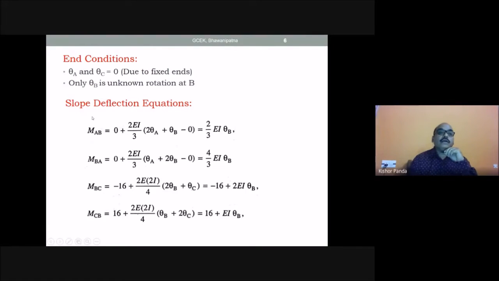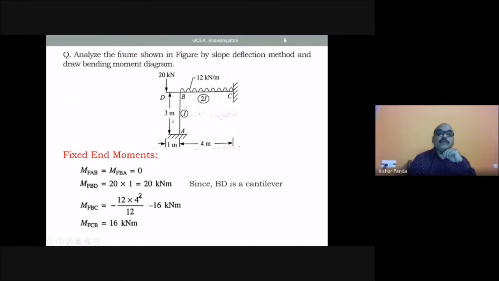Then the next step is you have to find out the slope deflection equations. So you know the equation for MAB is equal to MFAB plus 2EI by L into 2 theta A plus theta B minus the term due to the lateral displacement. Here there is no sway taking place, so you have to consider this as 0, and the length of this vertical member is 3.